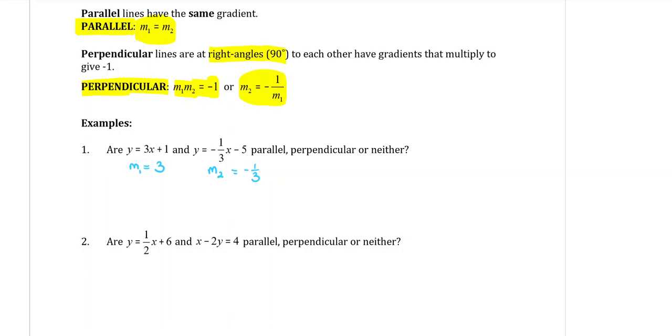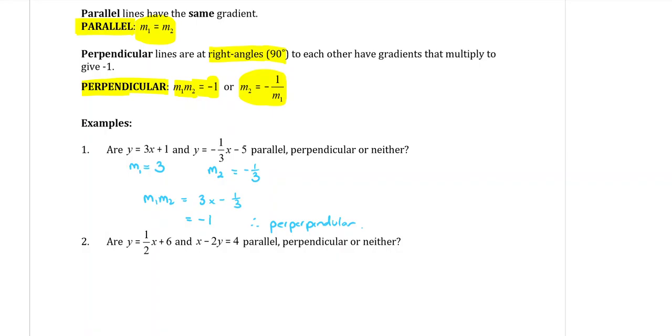Okay, so there are my two gradients. They're obviously not equal to each other, so they're not parallel. So now I would check to see whether they are perpendicular. m1 times m2 would be 3 times -1/3, which does equal -1. Because that equals -1, that means they are perpendicular.